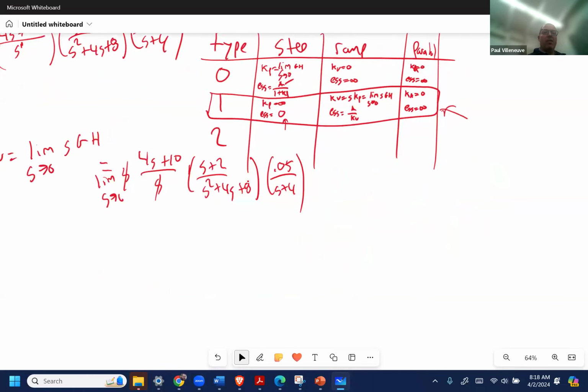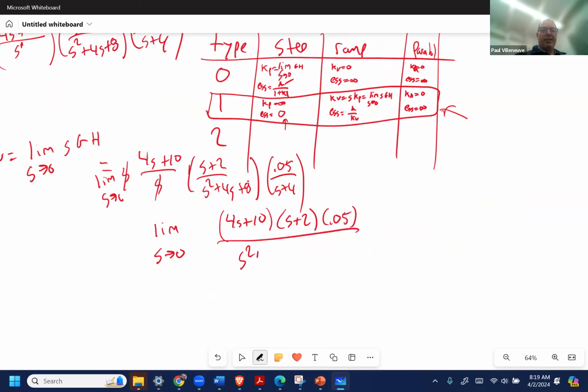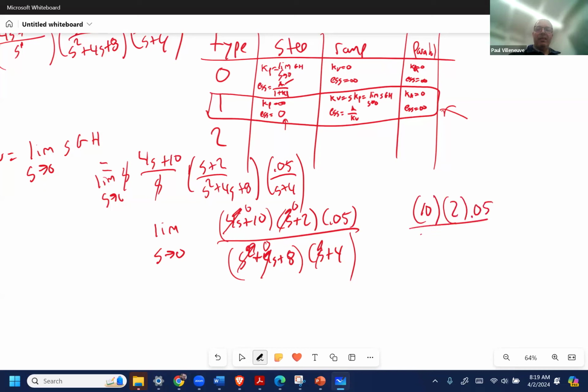So now all I'm left with is taking the limit as S approaches 0 of 4S plus 10, S plus 2, 0.05, over S squared plus 4S plus 8, and S plus 4. And remember, when you take a limit, when S approaches zero, all these terms go to 0. So what I'm left with is 10 times 2 times 0.05 all over 8 times 4.